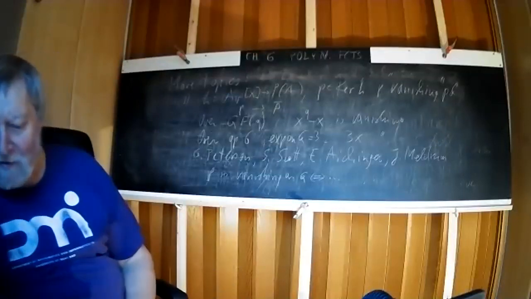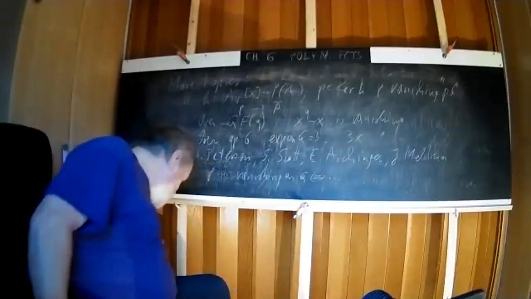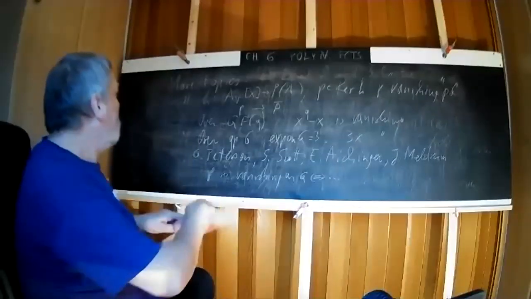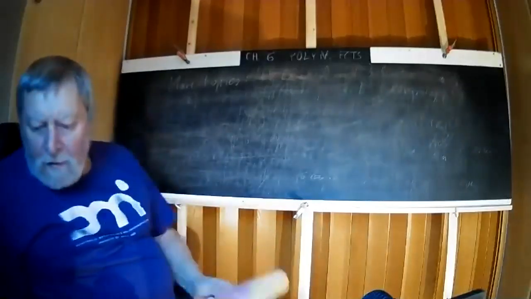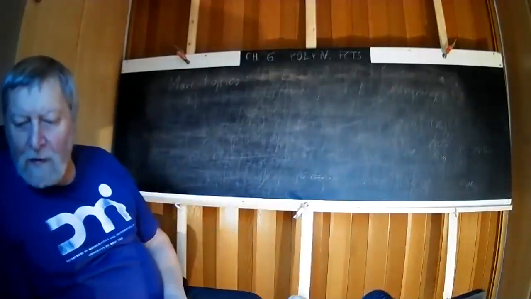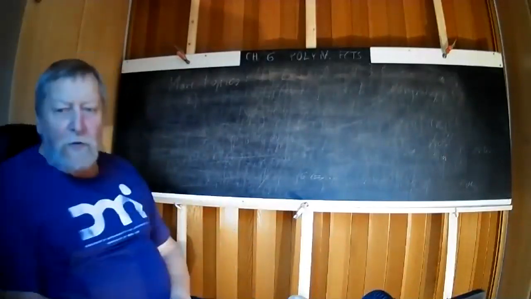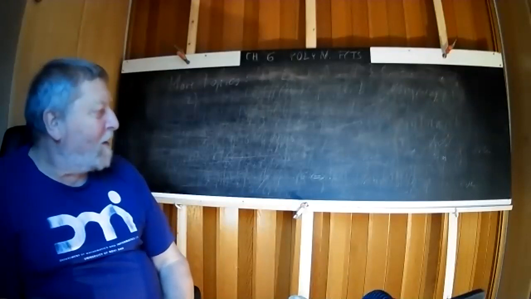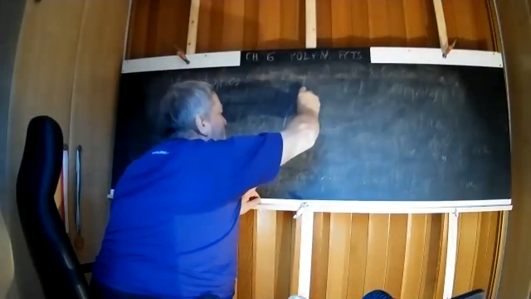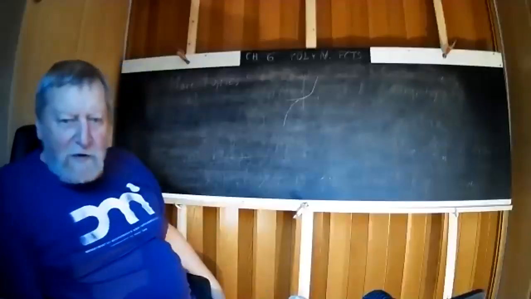Another collection of two topics are the following. If you think back to the polynomials over the reals, then you know that if you take the polynomial x to the third, it has the shape, and so it's bijective.